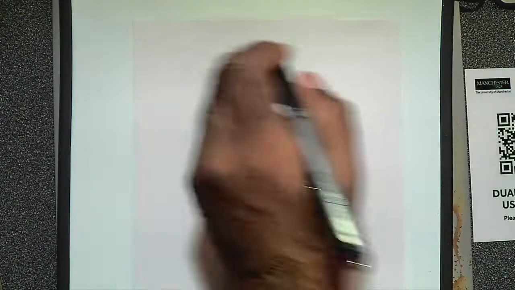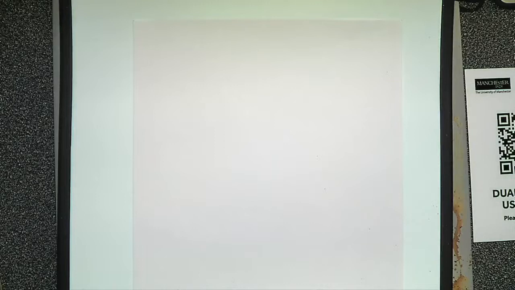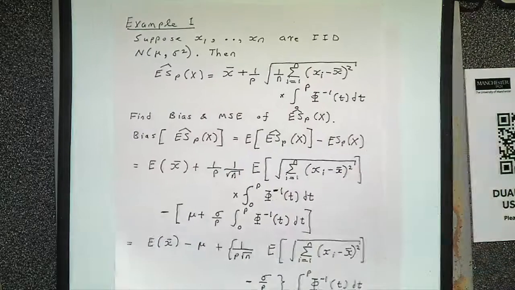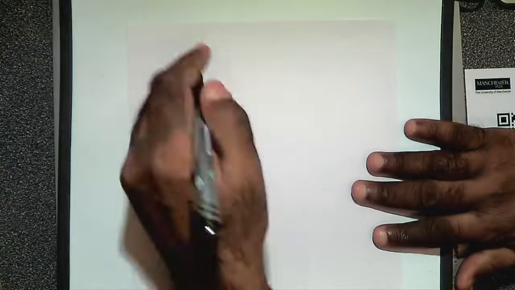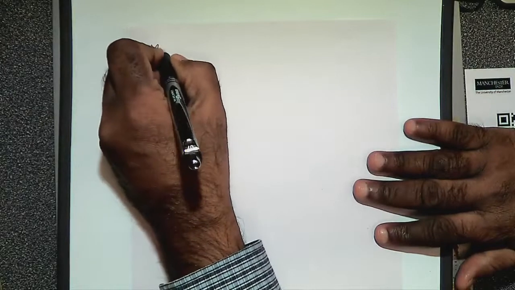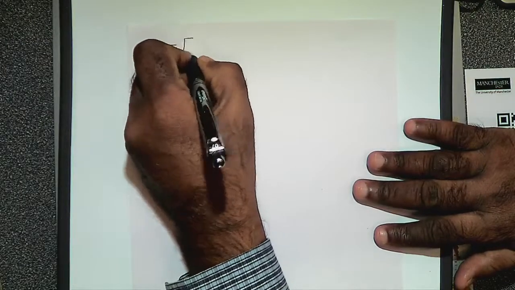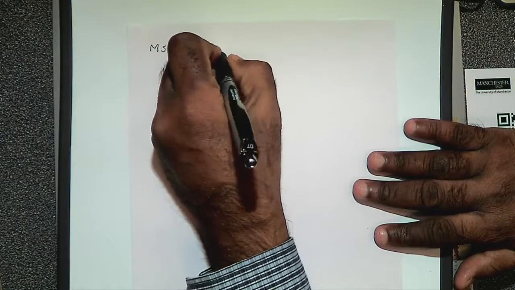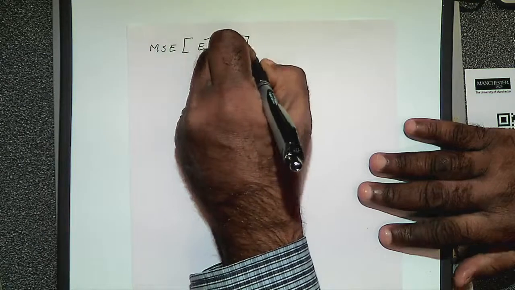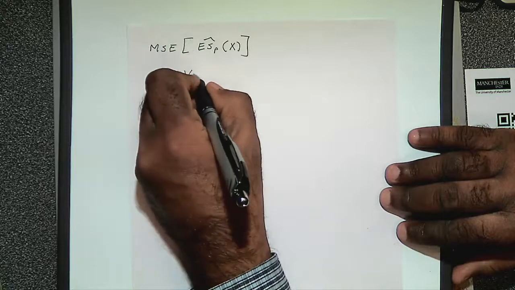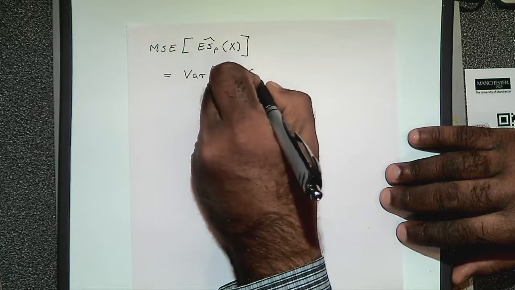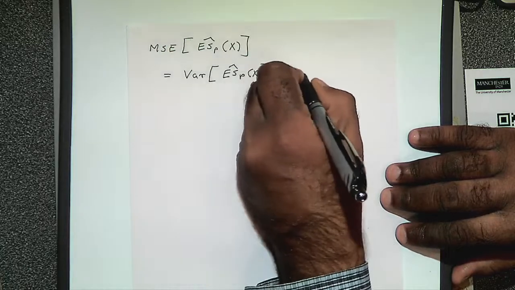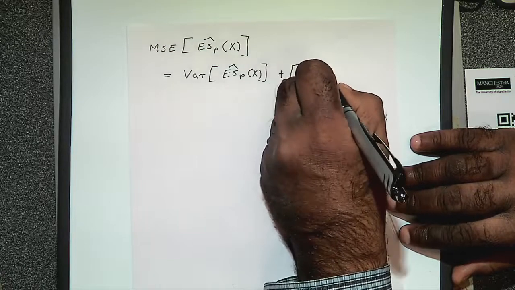to find, we have this estimator ES equal to this, right? The estimator is equal to this. So to find the MSE of the estimator, I'm going to use a well-known fact. You might have learned this in statistical methods or some other course that you took in your undergraduate degree.